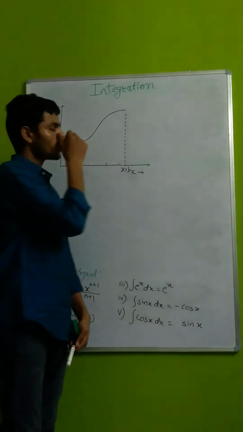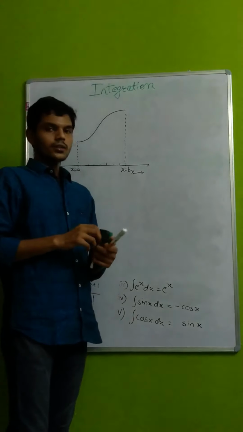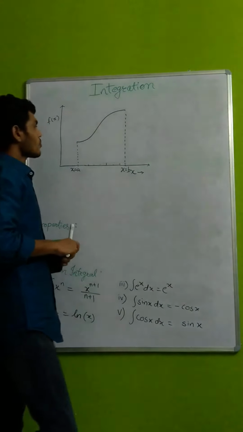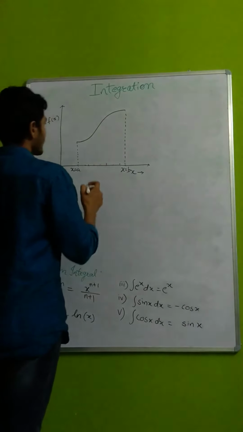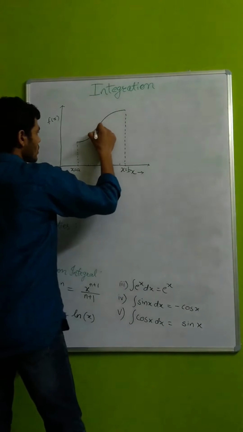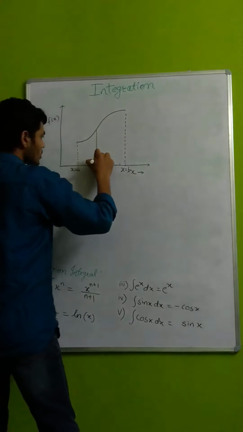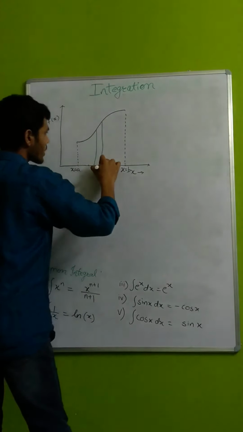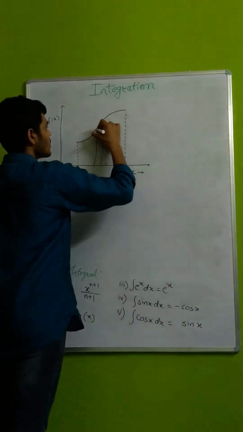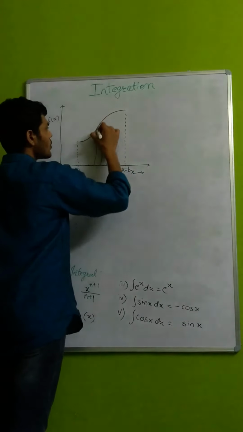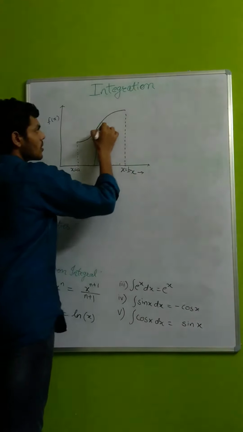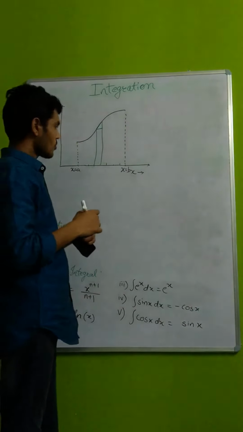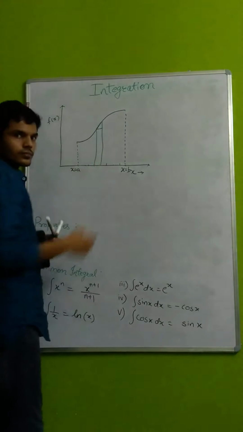We can break this curve in small rectangles such that the curve becomes flat at the top of the rectangle. For example, if we divide this curve in small rectangles such that we approximate this part as the horizontal line, so we get the rectangle.